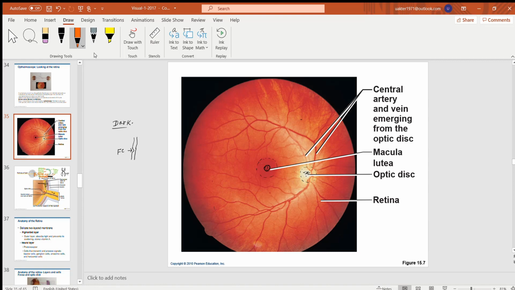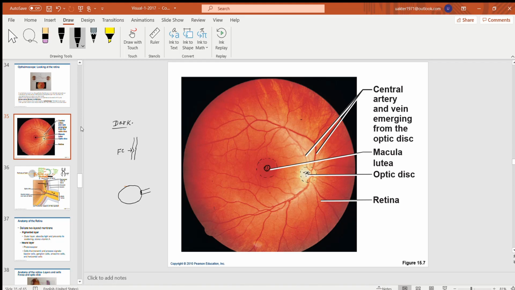So let me draw how the eyeball gets the blood supply. So this is the eyeball, okay, and this is the optic disc, optic nerve, right?